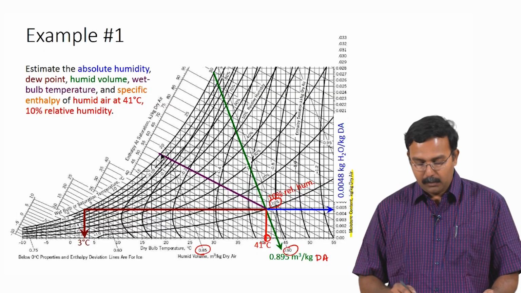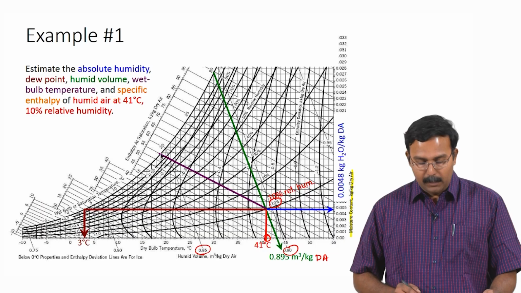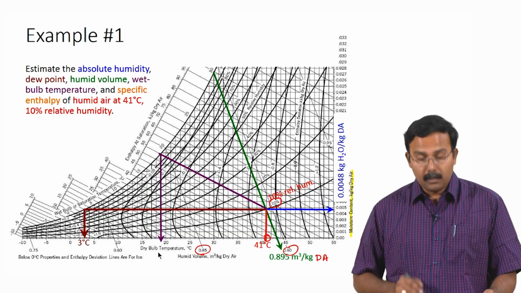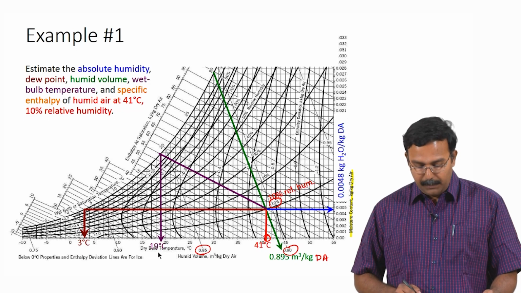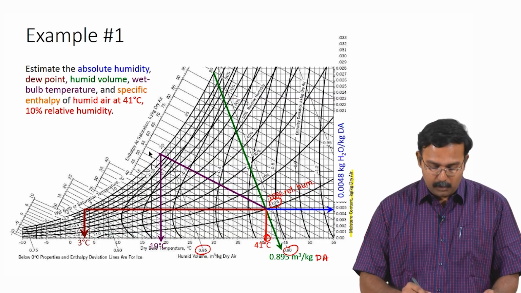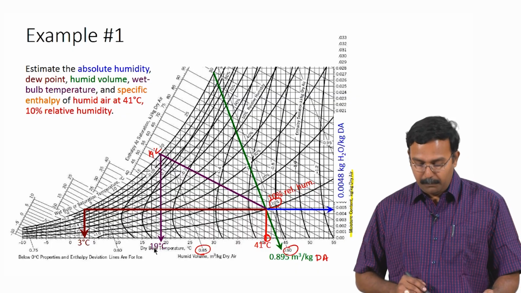The purple line goes all the way to the saturation curve along the slanting axis. I could either identify the temperature here or come back down here to identify the temperature. The temperature is identified as 19 degrees Celsius. Here also you can see that it is 19 degrees Celsius. So, this would be the wet bulb temperature.